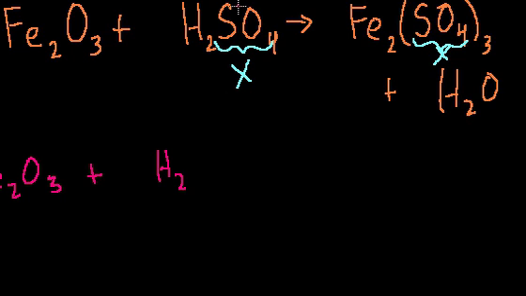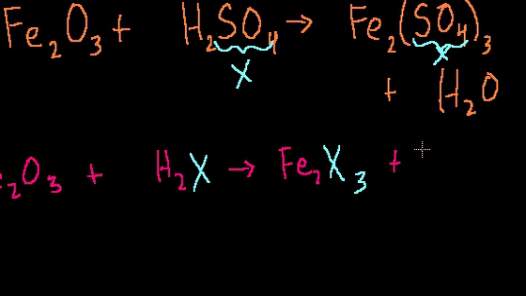There's only one sulfate group here, so H2, I'll do it in this X, and that yields iron, 2 irons, this molecule with 2 irons, and it has 3 of these sulfate groups, and then plus water. All I did is replace the sulfate with an X, and now we can treat that X like an atom, and we can just balance the equation.